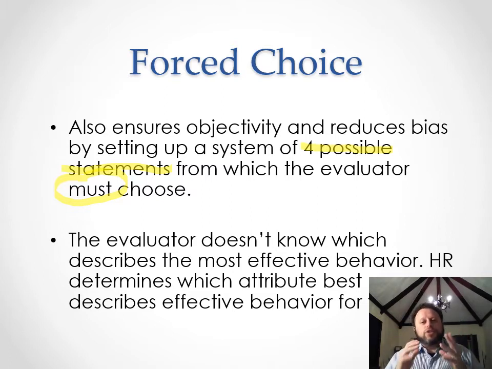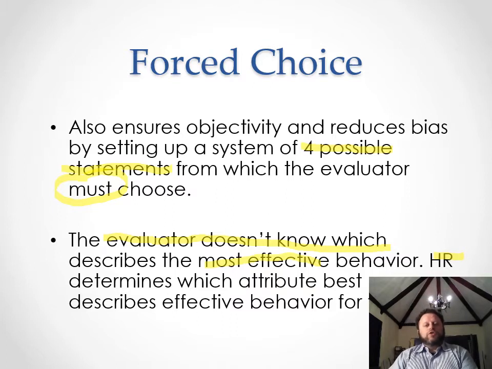It's just not clear. But you'd have these 4 sentences, and my boss, Yiling, would have to choose one. She's forced to make a choice. And Yiling, my boss, doesn't know which is the most effective according to HR.